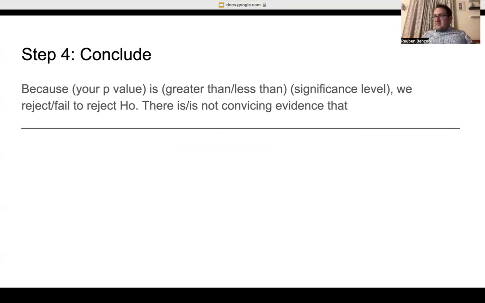Versus the significance tests can only tell us whether the null hypothesis is feasible or not. So that's where we're comparing the confidence intervals and the significance tests.